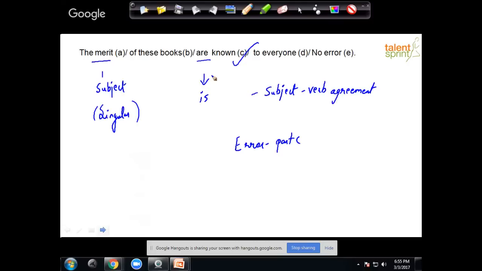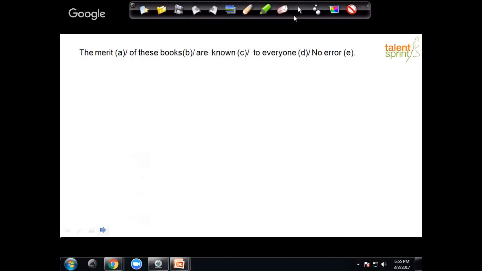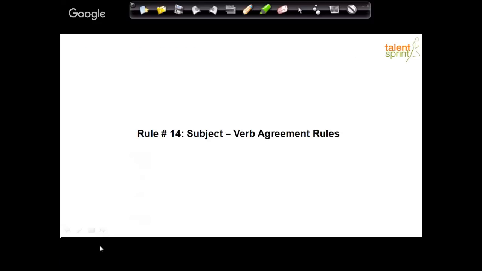Okay? So these are subject-verb agreement rules. You need to keep them in mind. Right? So rule number 14, subject-verb agreement rules. So there are lots of rules when it comes to subject-verb agreement rules. You just need to remember them. Okay? Just to give you an idea, let me come up with one.